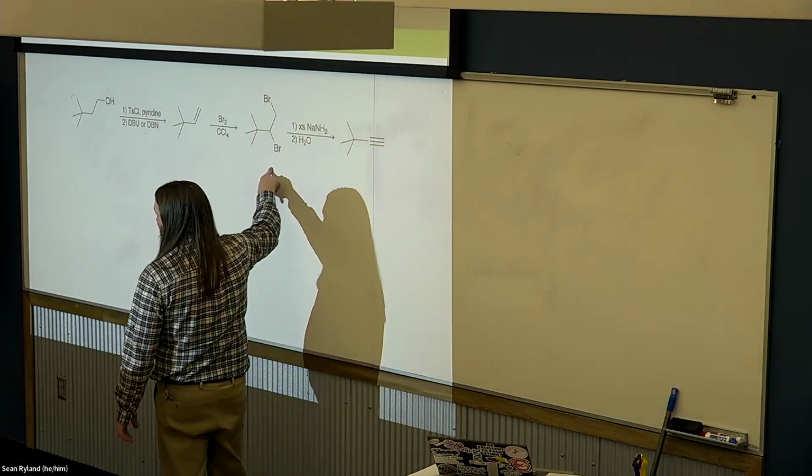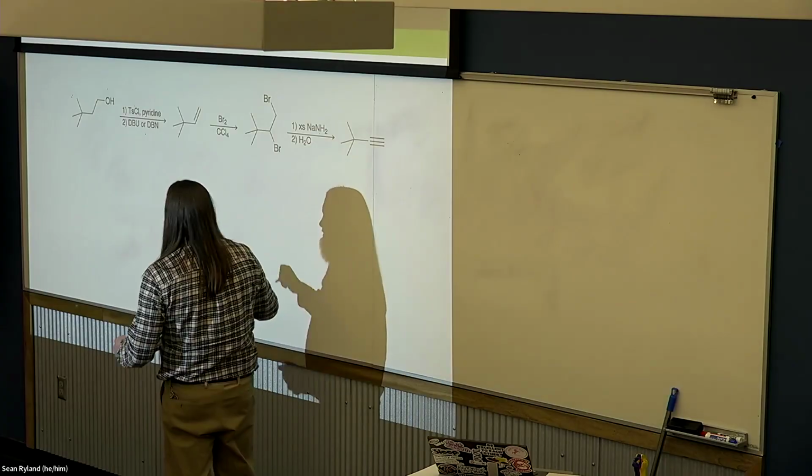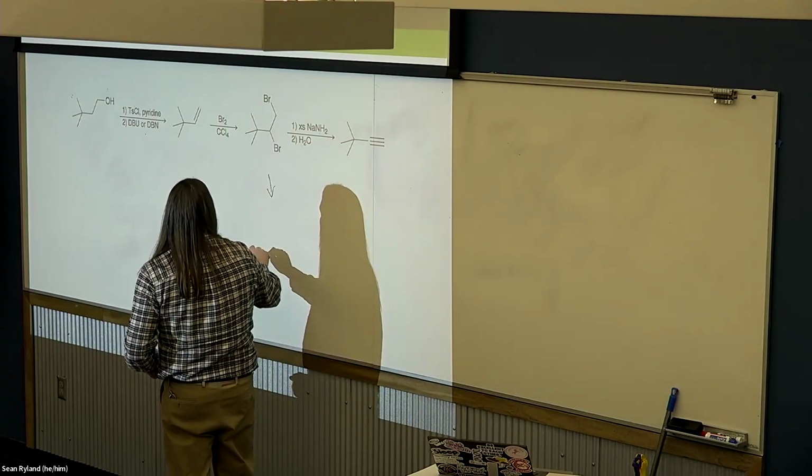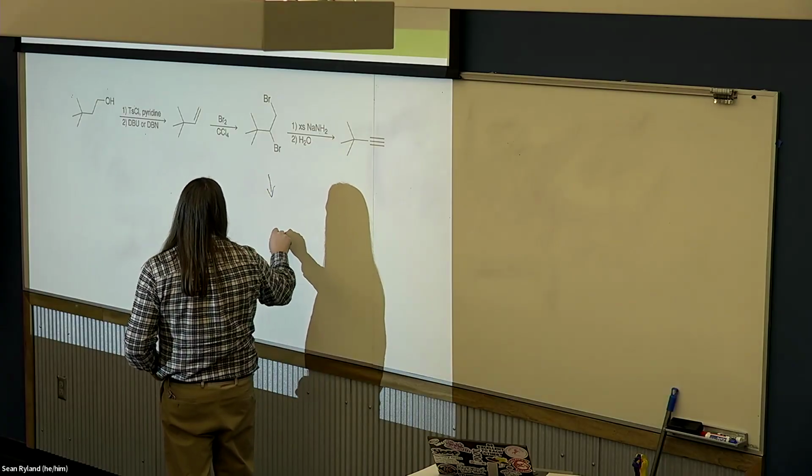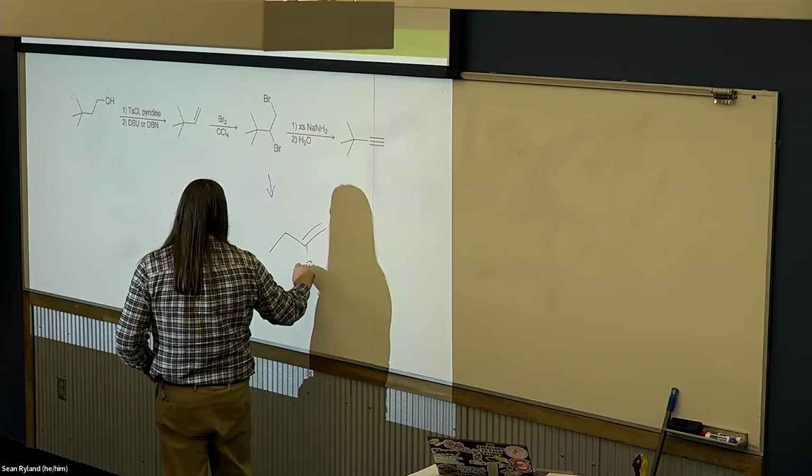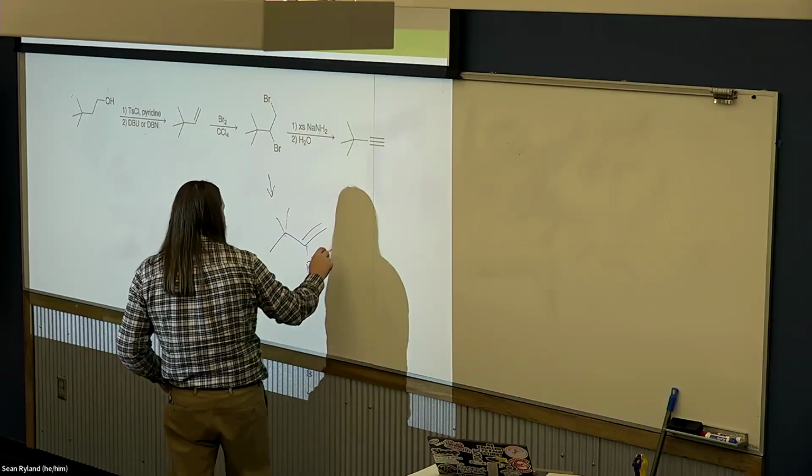So really, we might get two intermediates in this last step. We get one that looks like the product still with one of the bromines attached.